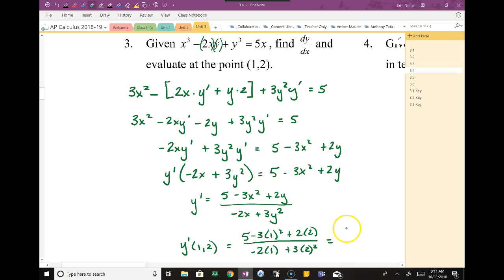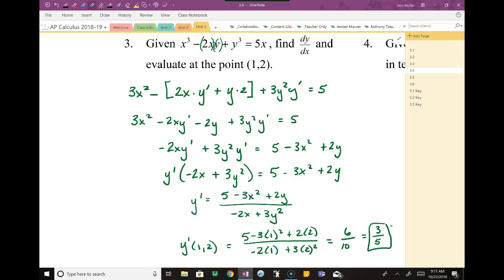So would you agree with a 6 on the top? And then on the bottom, negative 2 plus 12, right? Over 10. So that would reduce to 3/5. So that would be the slope of the equation at the point 1, 2.